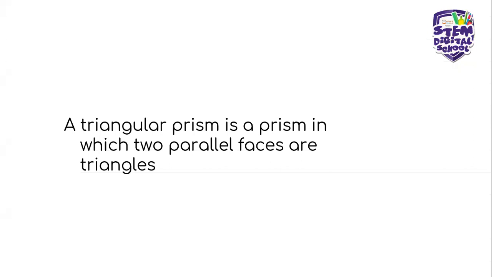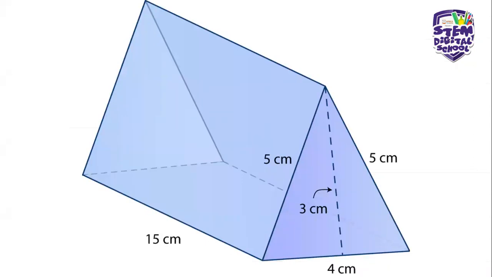We have also spoken broadly about 3D objects, and we've characterized a 3D object as having the length, the breadth, as well as the height. If you look at this prism here, it has a length of 15 centimeters. It also has a breadth of 4 centimeters, and equally it has a height of 3 centimeters.